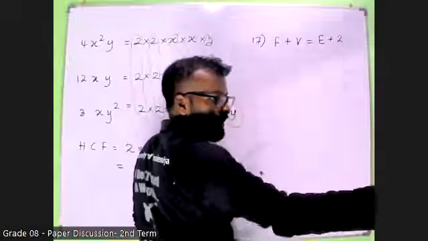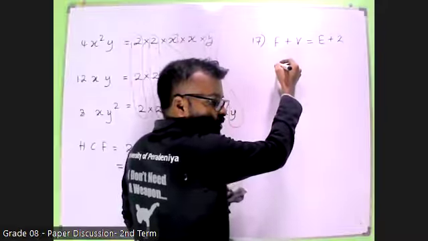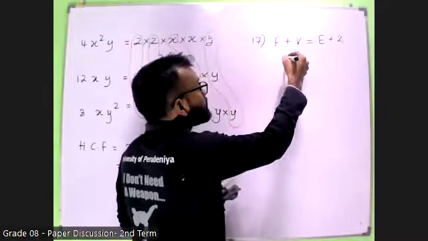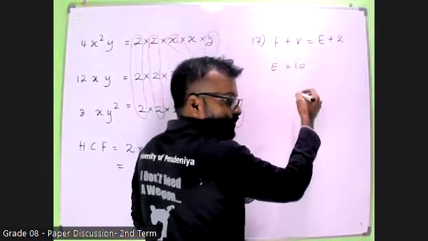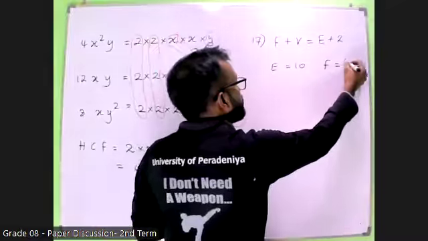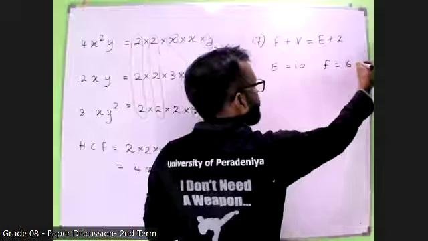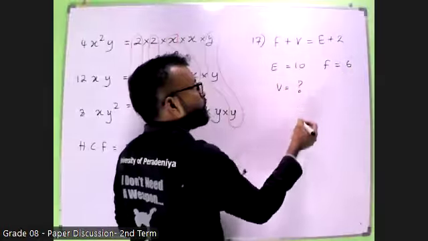Number of edges and faces we have. So E equals 10. Faces 6, F equals 6. So you have to find V. Let's substitute.